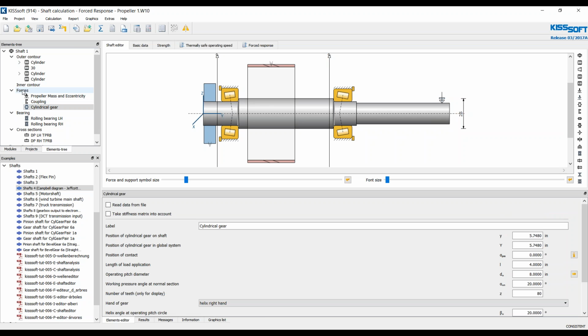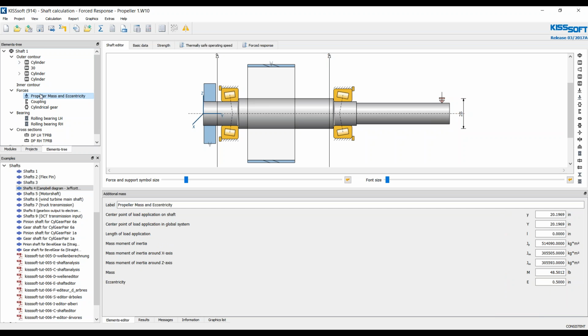So I create a shaft and put some forces on it. In this case, I'm calling this a propeller or a fan.